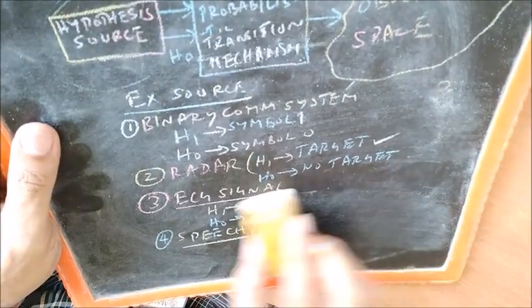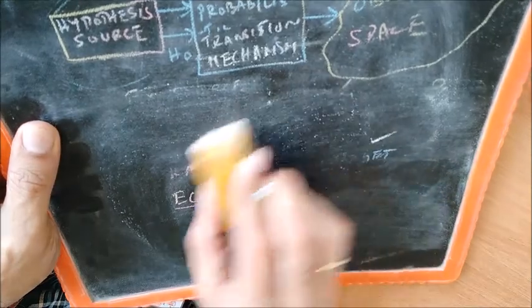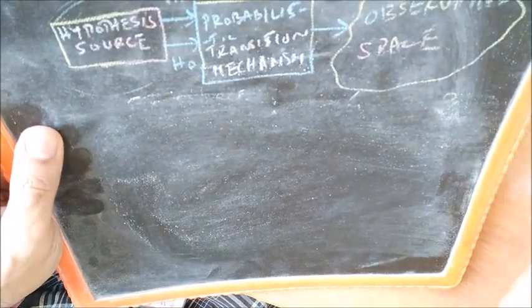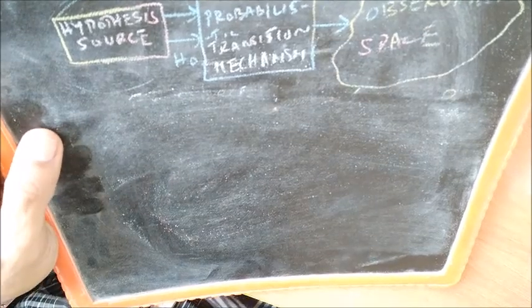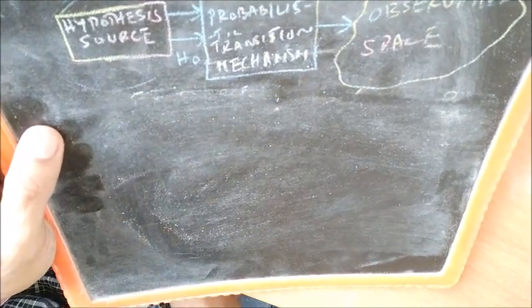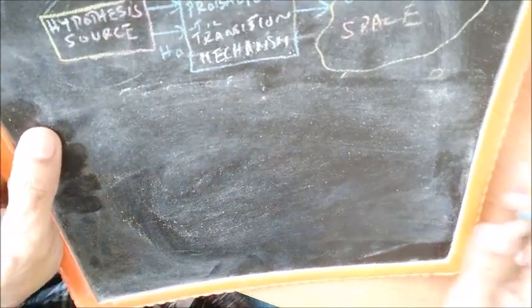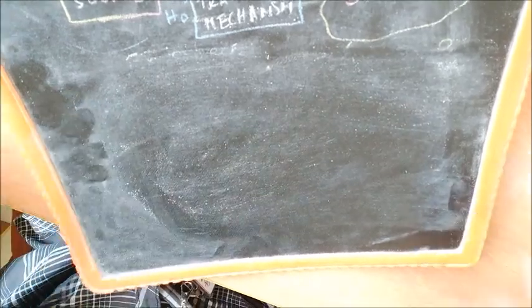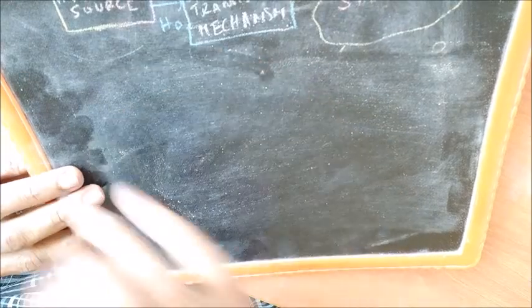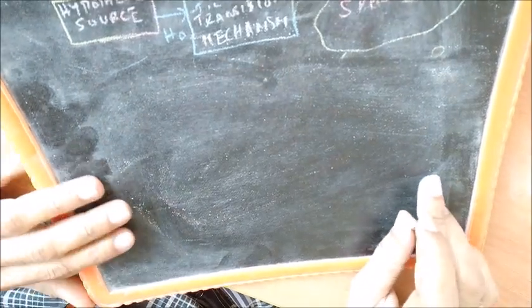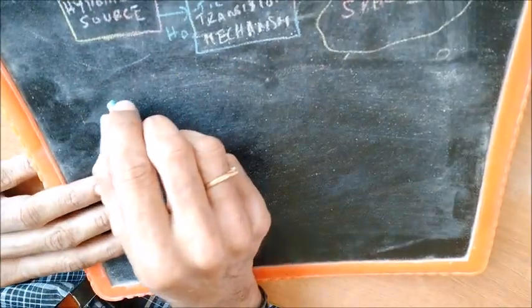Now, the decision rule and decision we will discuss later because it is more involved, as that is the crux of the detection problem. To understand the second block, that is the probabilistic transition mechanism, we take a more specific example.